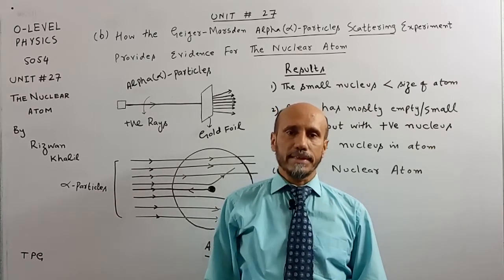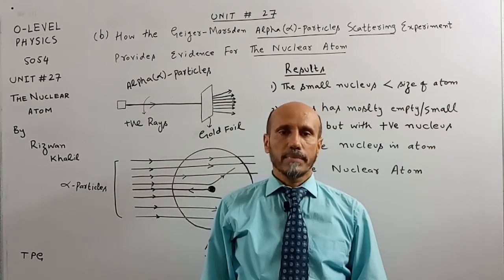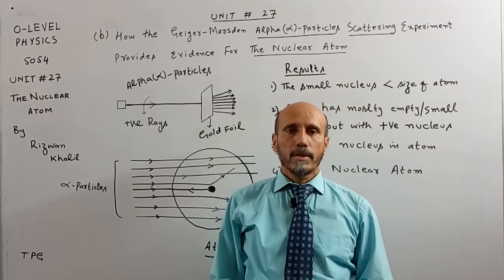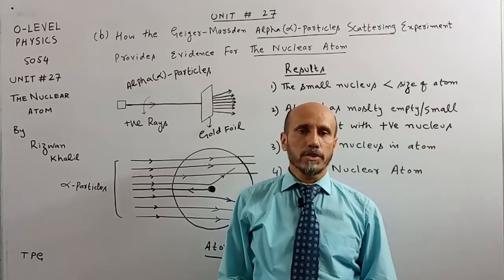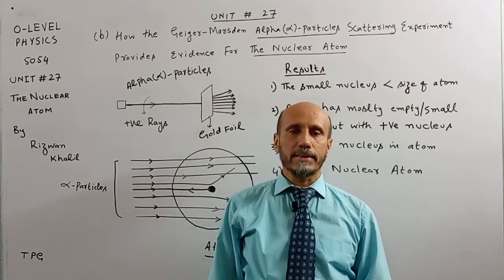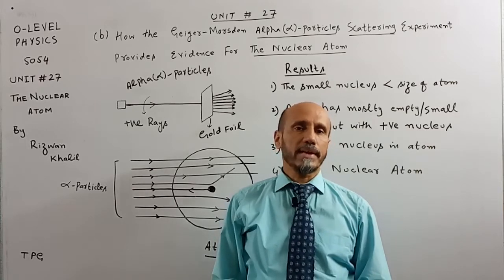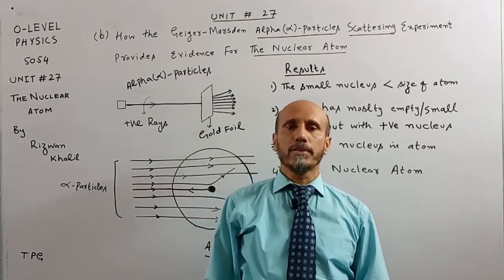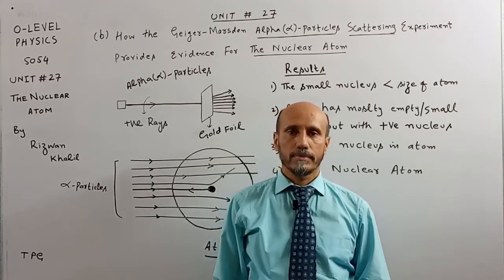There were two scientists, Geiger and Marsden, and they performed an experiment to prove the existence of the nuclear atom, that is the nucleus. Definitely these two scientists worked under the supervision of Rutherford.